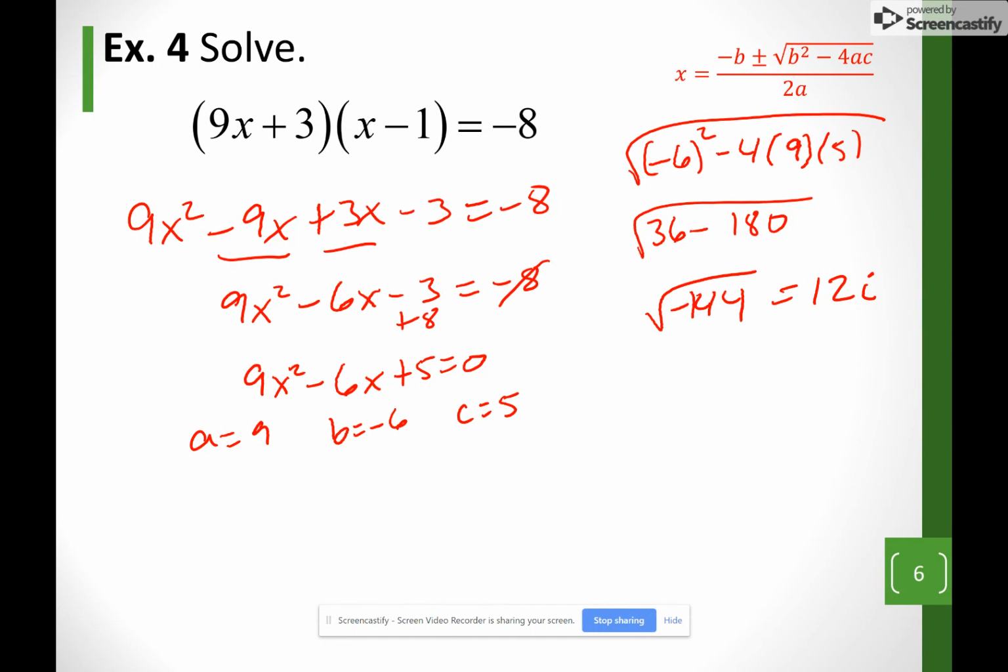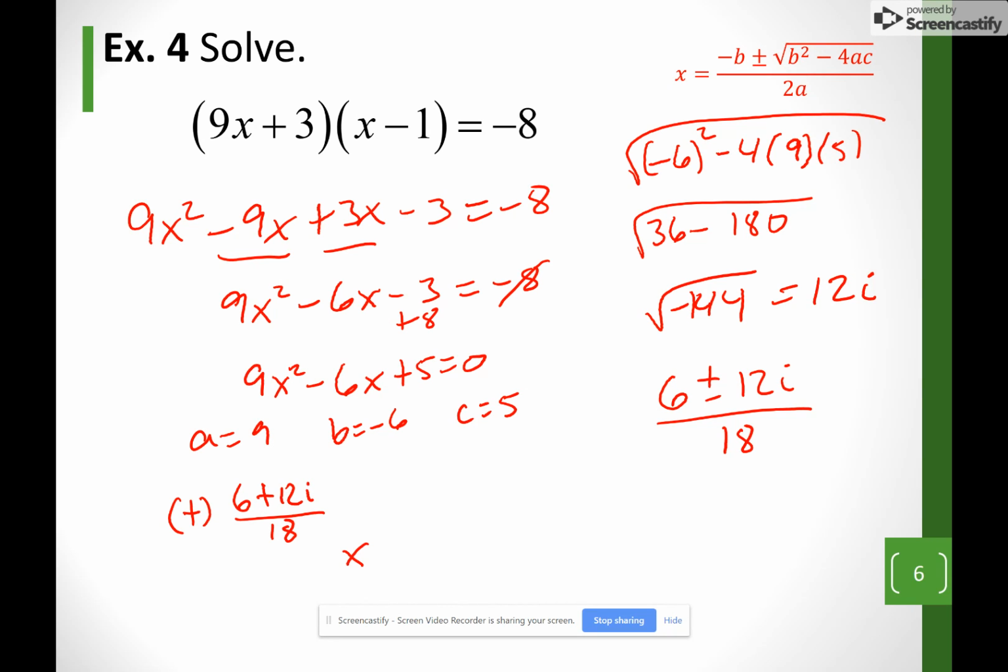All right, so now that I did the square root, I'm going to do the whole formula. Negative b, I'm just going to write 6, because the negative of a negative is positive, plus or minus 12i over 18. So if I use the plus sign, I'm going to have 6 plus 12i over 18. I cannot combine the top, but at least I can divide all my numbers by 6.